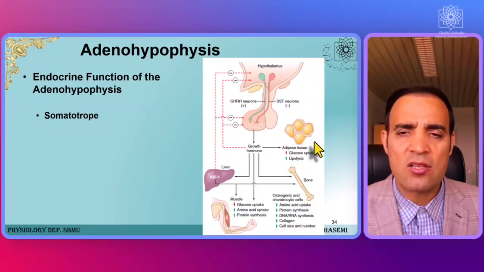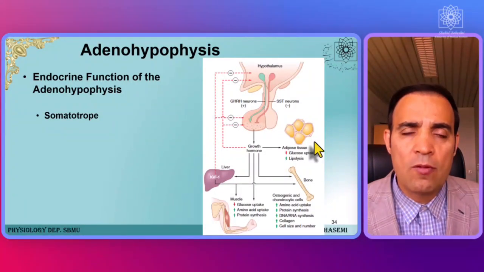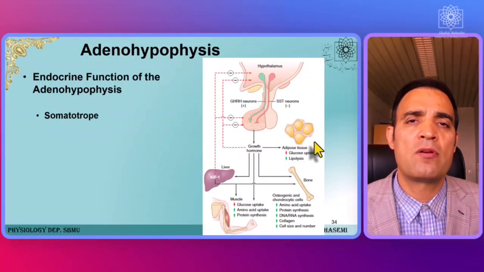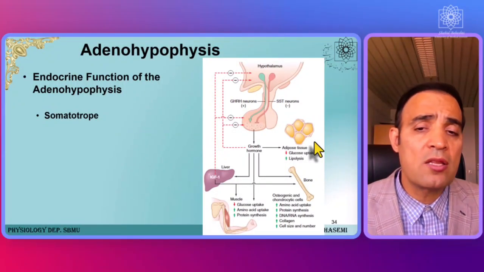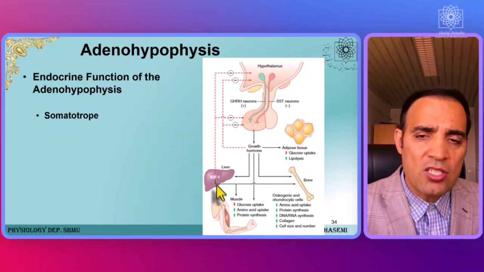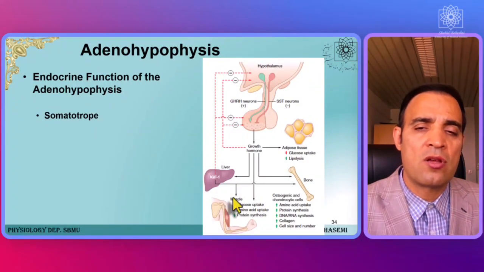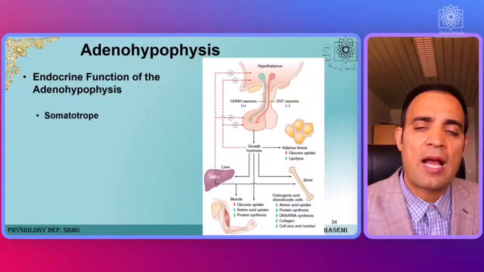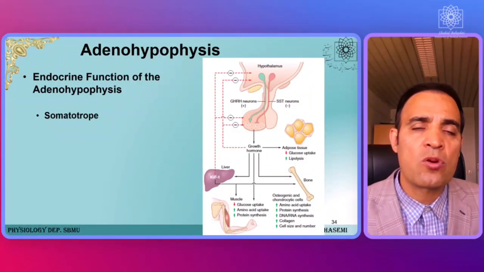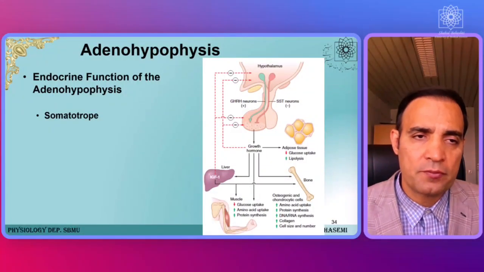All these functions that I told you are exerted by growth hormone. But on the other hand, as you can see, IGF also will cooperate on the muscle and on the bone and will do the growth promoting functions.